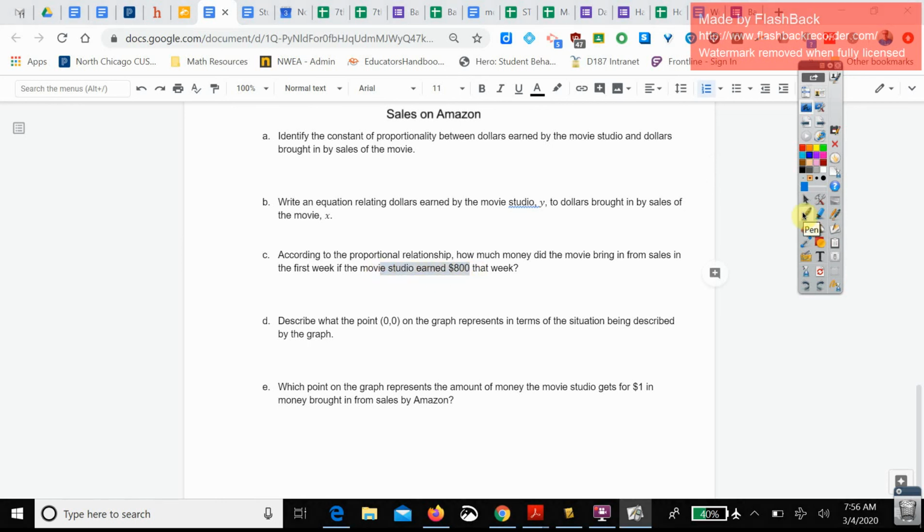So we would actually use the equation y divided by 1/5 equals x. So I have 800 divided by 1/5. I could put it in my calculator, or I could say 800 divided by 1/5 is inverse operation, so that's 800 times 5.